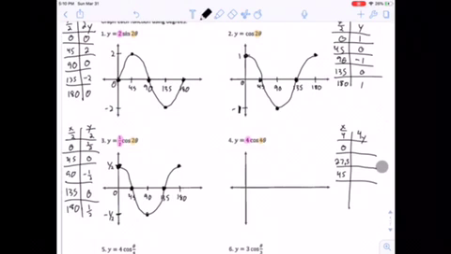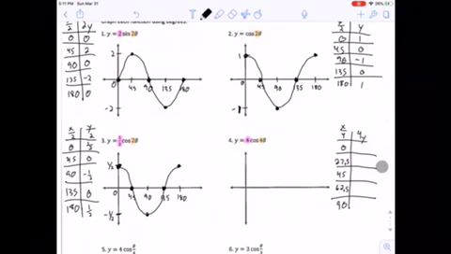And then a fourth of 270 is 67.5. And 90.